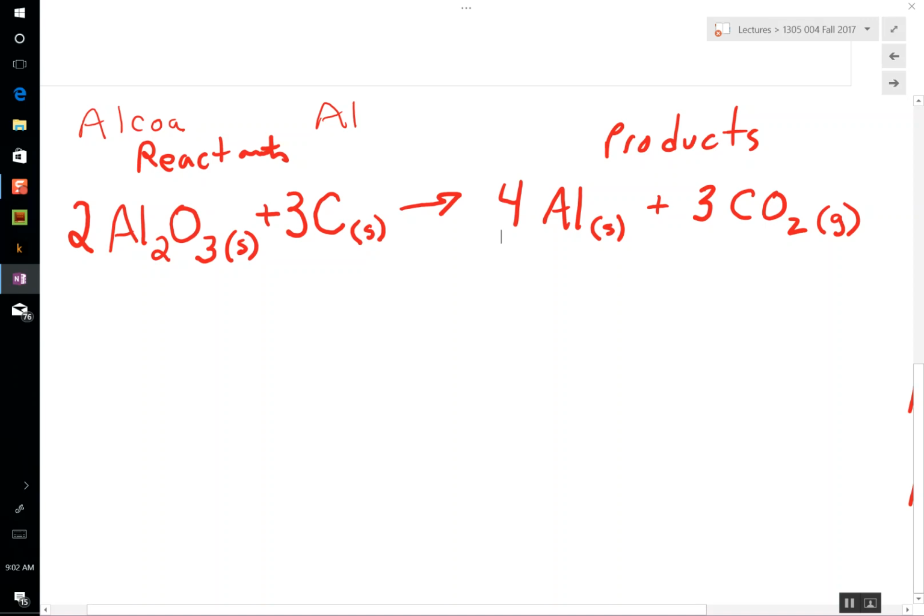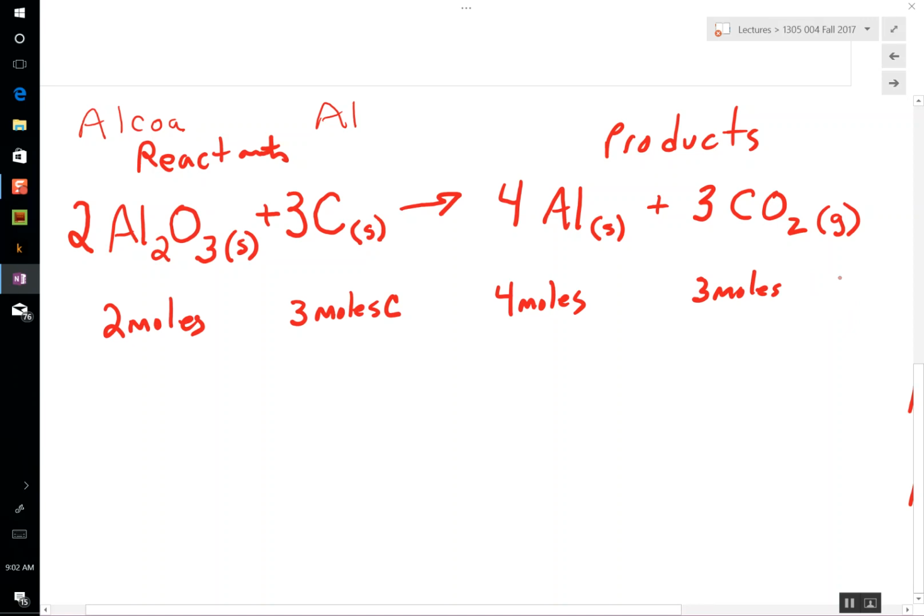You see that? And that is the way we talk about it. What this really is saying is that 2 moles of aluminum oxide will react with 3 moles of carbon to produce 4 moles of aluminum and 3 moles of carbon dioxide.